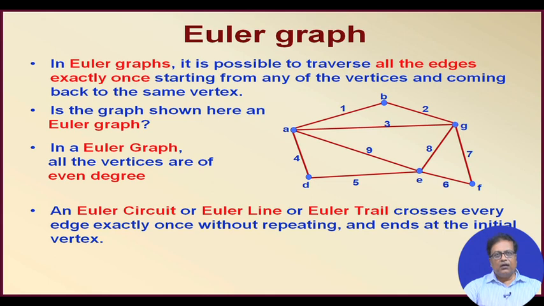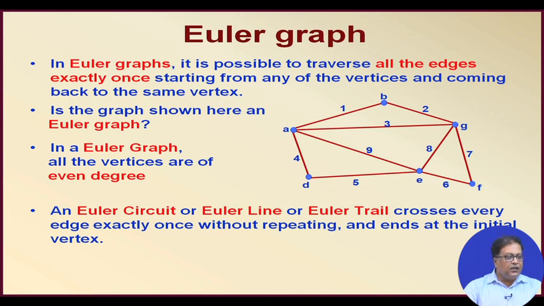That is called the concept of Euler graph. The idea of Euler graph is that in Euler graphs, it is possible to traverse all the edges exactly once, starting from any of the vertices and coming back to the same vertex, right. Now, we have just gone through the concept of walk, trail and path.